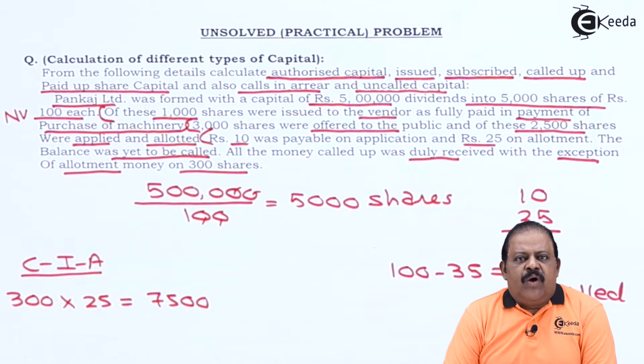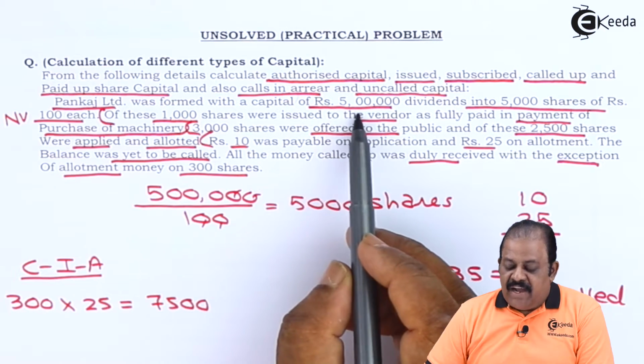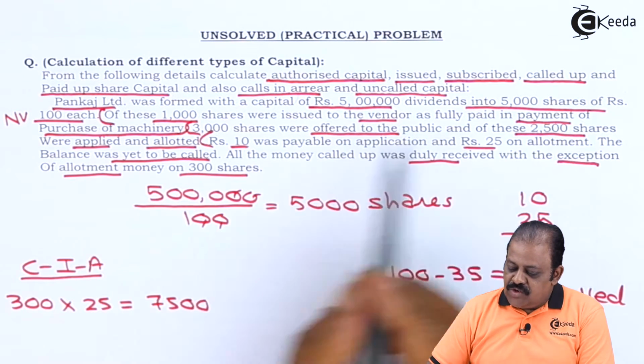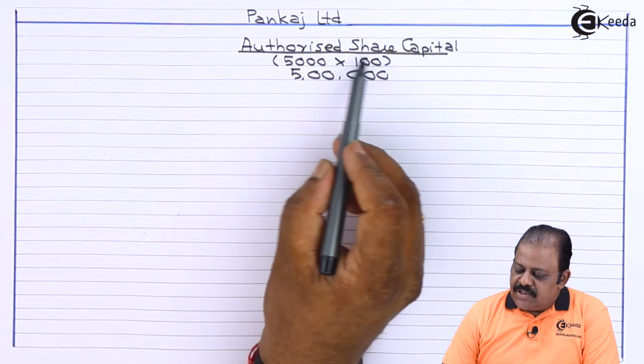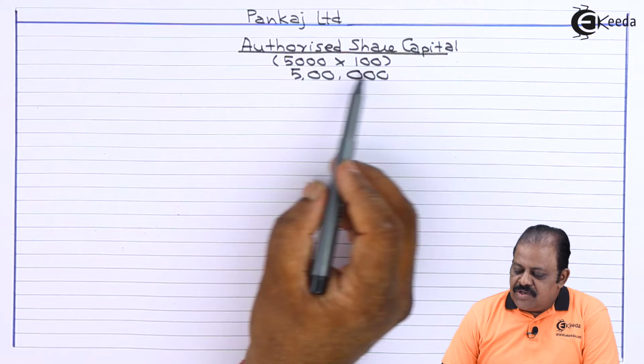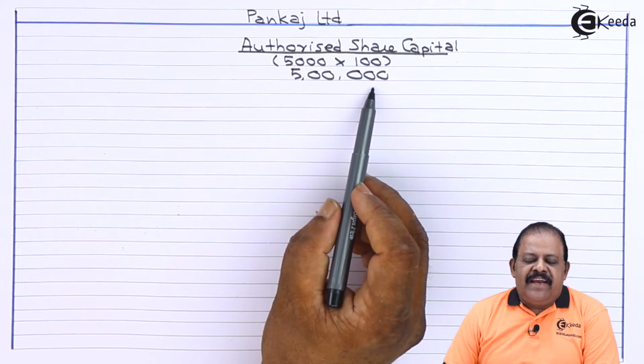Let us find out different types of capitals. Company's authorized capital is rupees 5 lakhs. That is 5,000 shares of rupees 100 each. Total amount is rupees 5 lakhs.